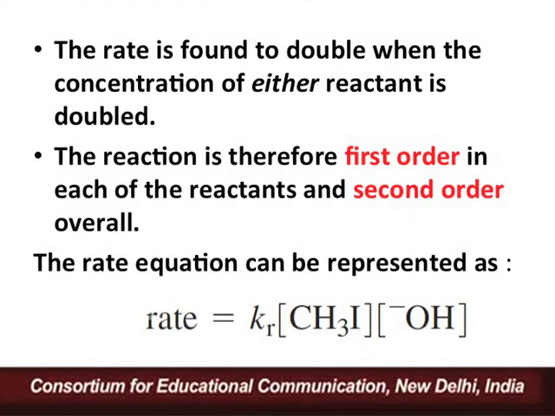The rate is found to double when the concentration of either reactant is doubled, and it becomes 4 times if the concentration of both the reactants is doubled. Therefore, the reaction is first order in each of the reactants and second order overall.